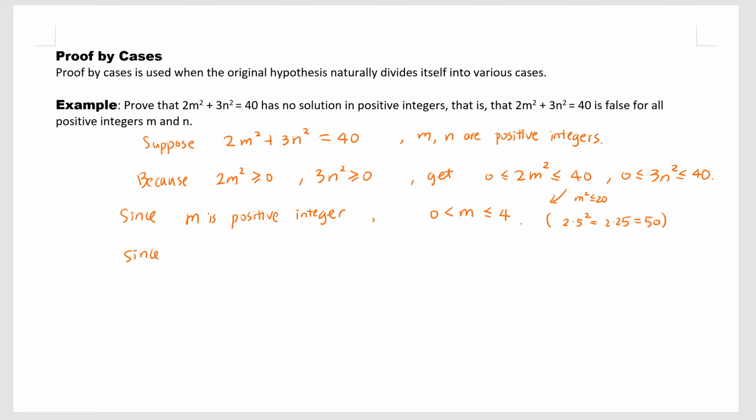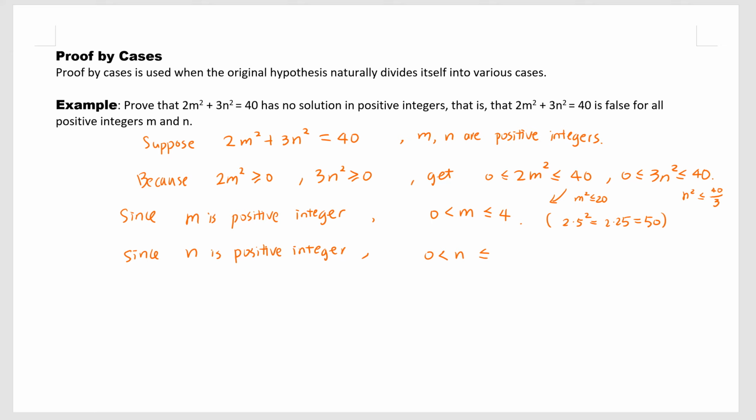And also, since n is a positive integer, similarly we get n squared is less than or equal to 40 over 3. And we know n is positive, so it's greater than 0. How big can it be? If we pick 4, 4 squared is 16, but 3 times 16 is 48, so 4 does not work.